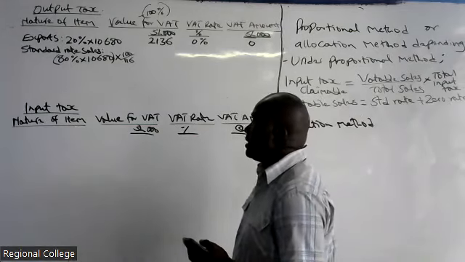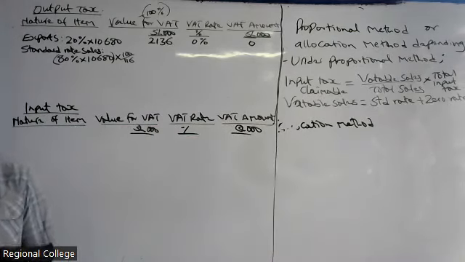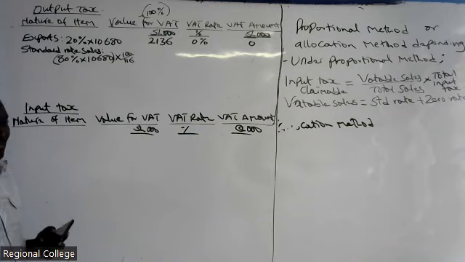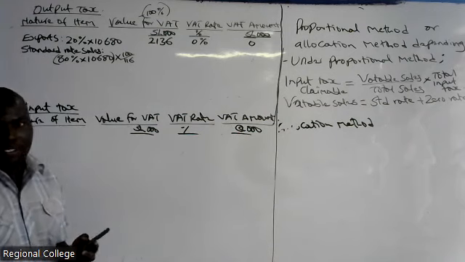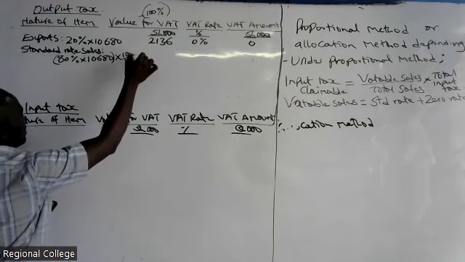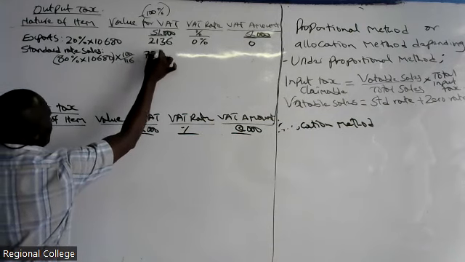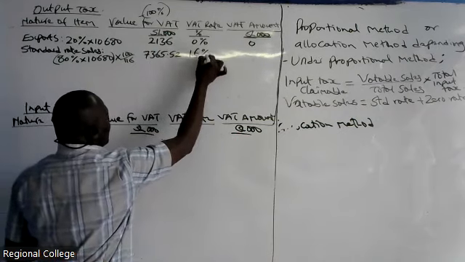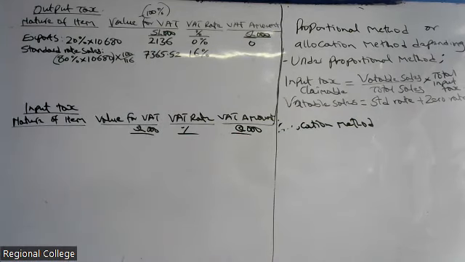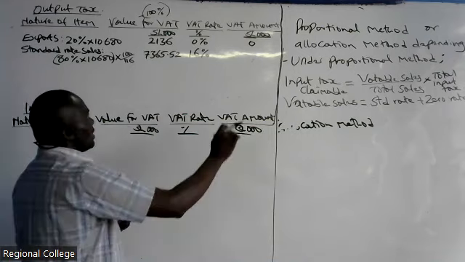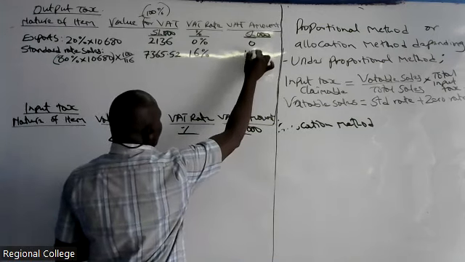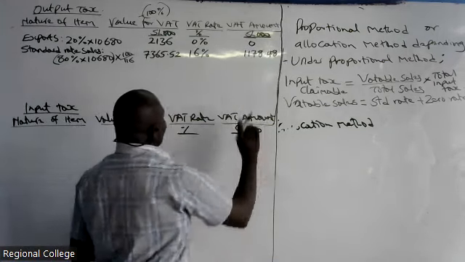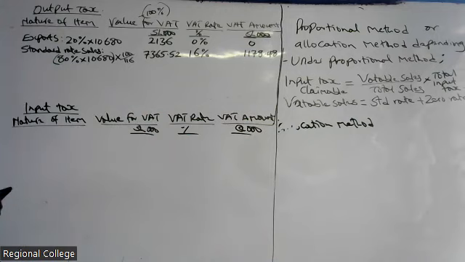So what is the value for VAT? 7365.5 and 16%. So your answer is 0.16 times it, giving 1,178.48.